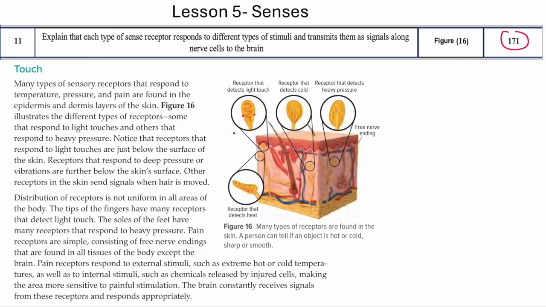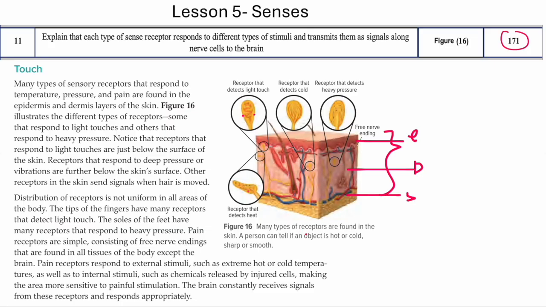In this question we can see that the layers of the skin have many different types of receptors that are found in three layers, right? The three layers of the skin are epidermis, dermis, and the subcutaneous layer. We have learned in the last term.